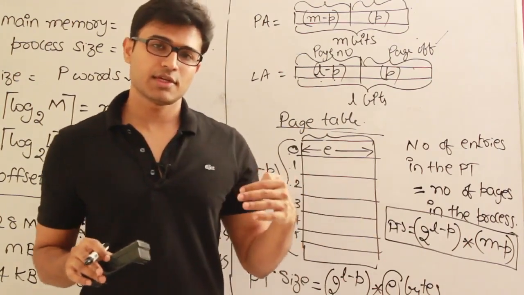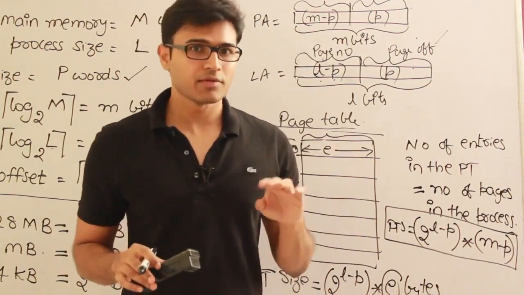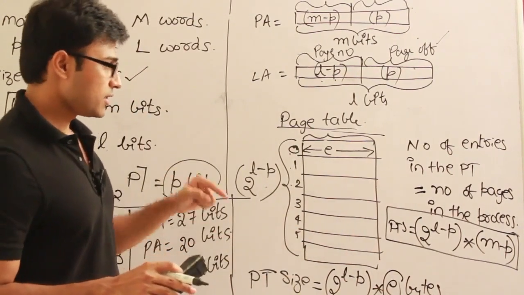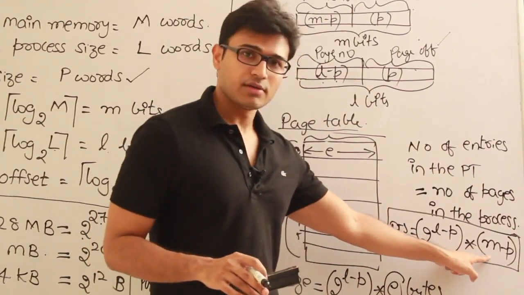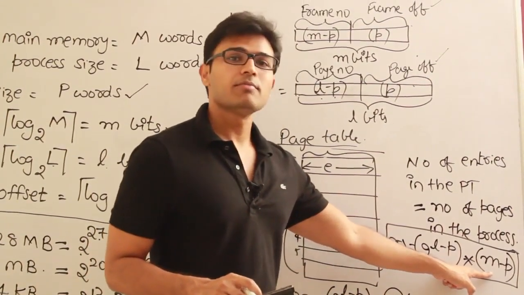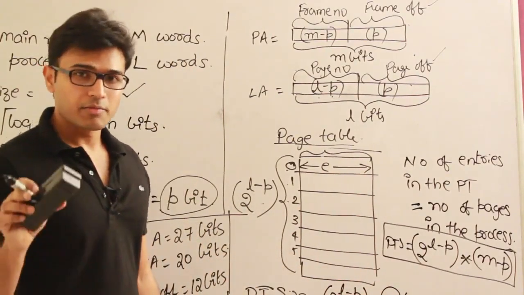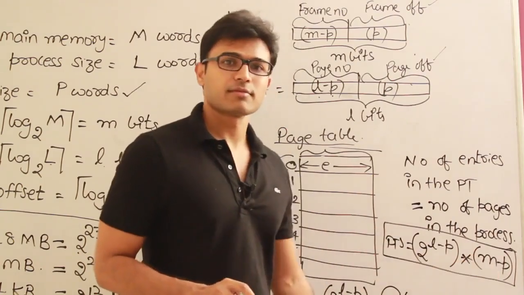We can even save permissions like read, write, execute. So what I mean to say is, in case they don't mention anything about the page table entry size, you go with this number, and this is going to give you the page table size. If they mention it, you go with that. In practice, your page table entry size will be much bigger than this one, right?